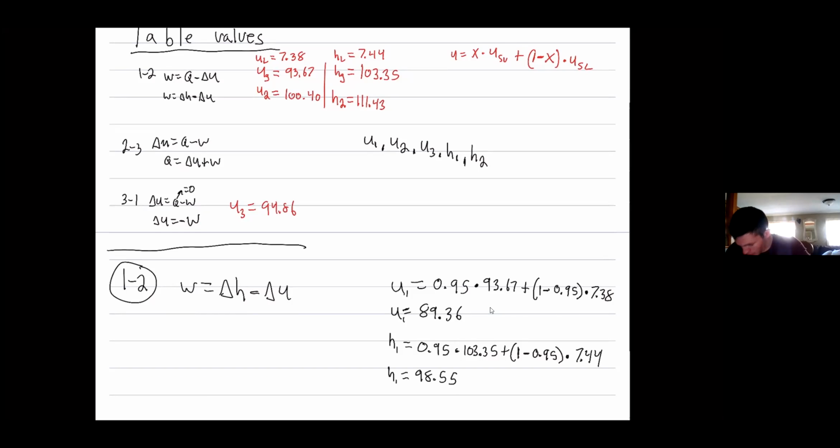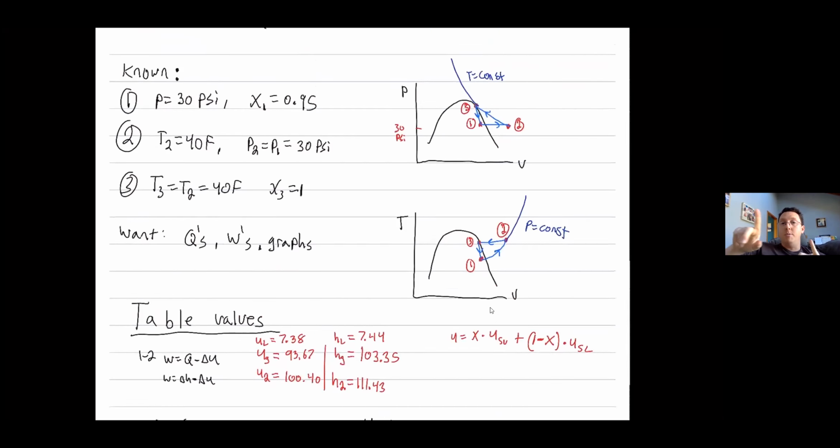Oh, oops. Mars might be a little different, unless you use the same table. But when you compute the changes, it'll come out the same. In between the 0.95 and the 103, I hit plus instead of times, so I got a different number. So probably, Zach, all of your U's and all of your H's will be different by that same amount, so that when you subtract numbers, it cancels.